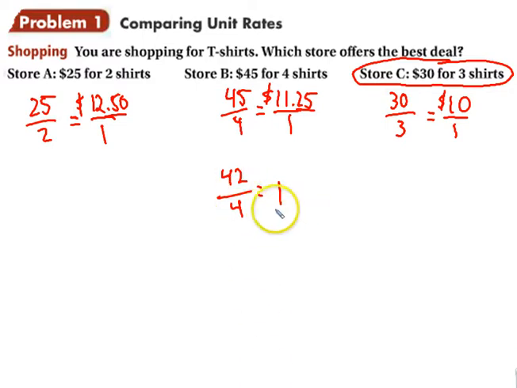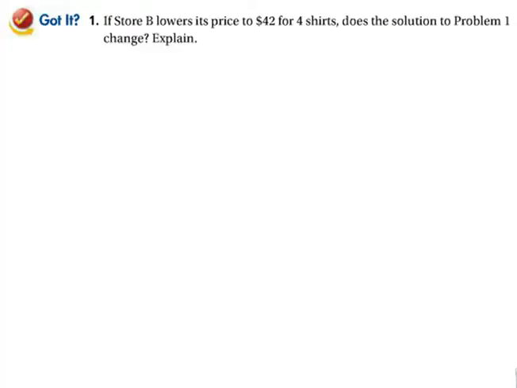Okay, so we want this to be a denominator over 1, so we're going to take the 4 divided into 42. It goes in once. So it's still not quite a better deal. The 3 for 30 is still a better deal. Okay, so it doesn't change it.